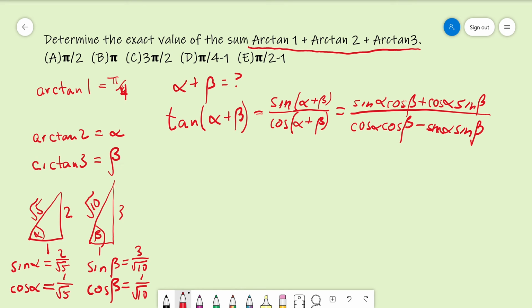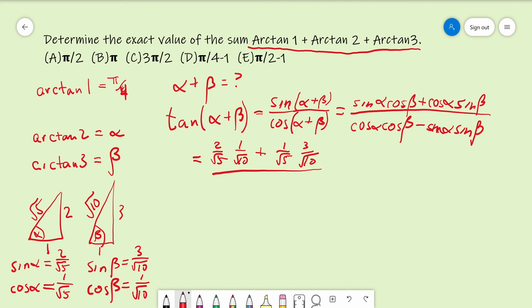So let's plug that in. What do we get? Sine of alpha, so that's 2 over root 5. Cosine of beta, that's 1 over root 10. Plus cosine of alpha, that's 1 over root 5. Sine of beta is 3 over root 10.